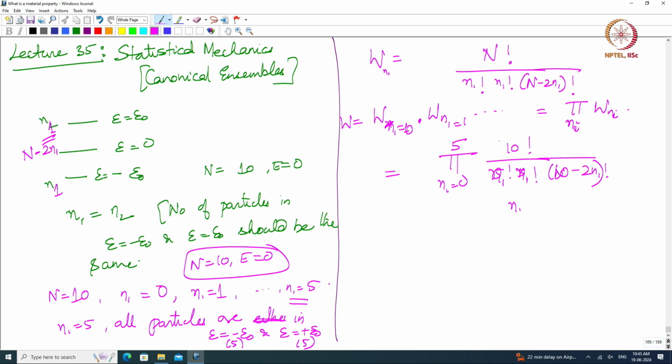Where n1 can go from 0 to 5, right. So, I have to multiply all these things to get the total number of states. Okay. But here in this case the number of macro states are 6, right. So, n1 equal to 0, n1 equal to 0 means, so what is my macro state?